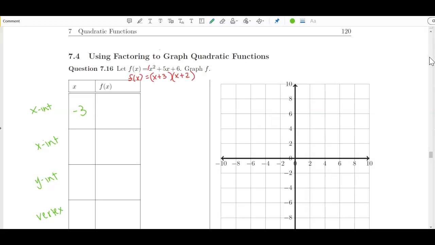What would another good x be to pick? -2. -2 would be another good one. Why is that one good, Michael? Just because if you plug it into x, it goes to 0. Yeah, it makes this other one go to 0. Awesome. Okay, so that would be a good one to pick there.